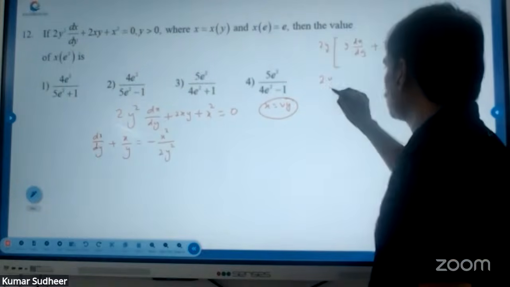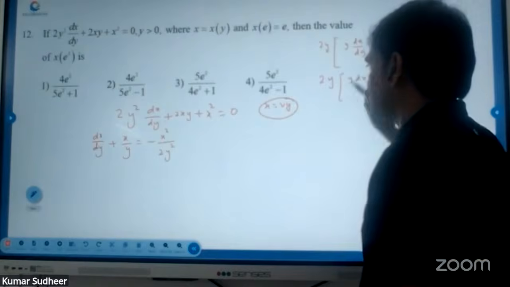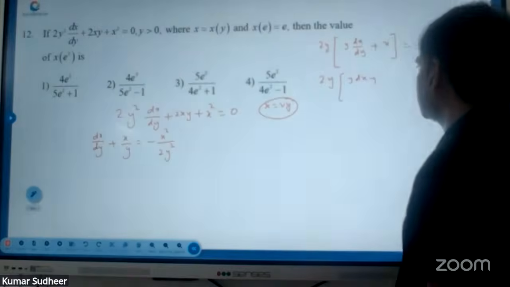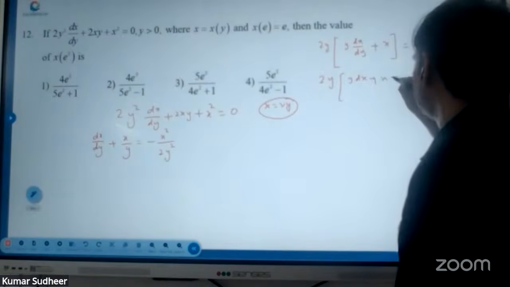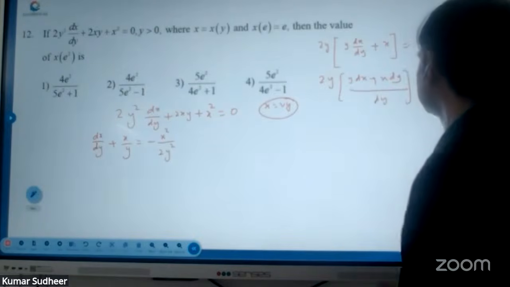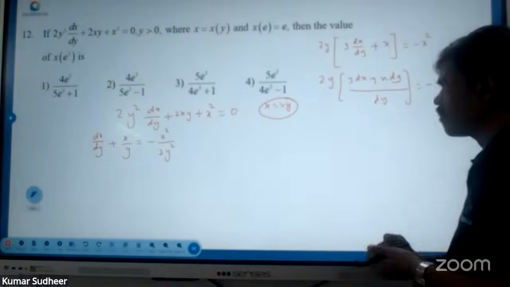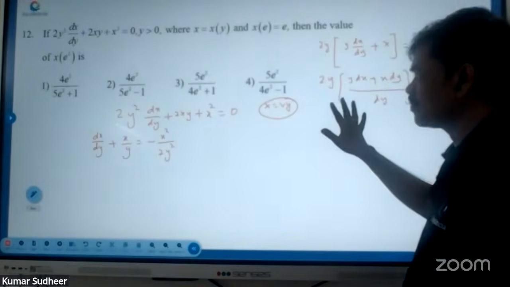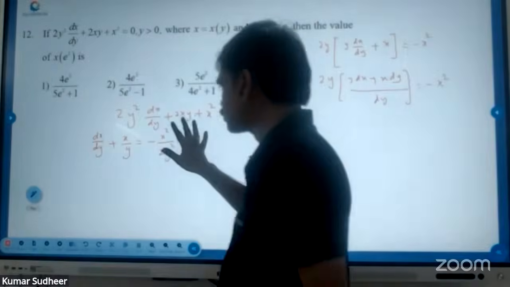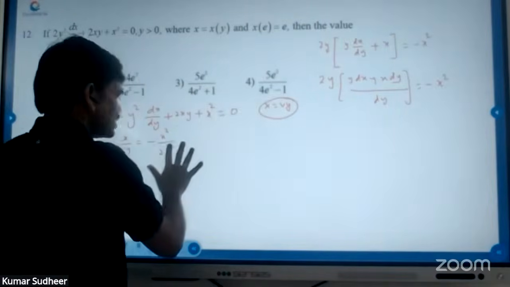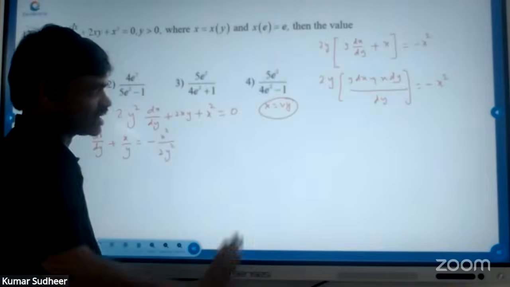Let us see this, 2y, y dx plus x dy by dy, that is equal to minus x squared. This we can write. So basically, we can write it as one is nothing but homogeneous equation, another is linear Bernoulli equation or exactness.